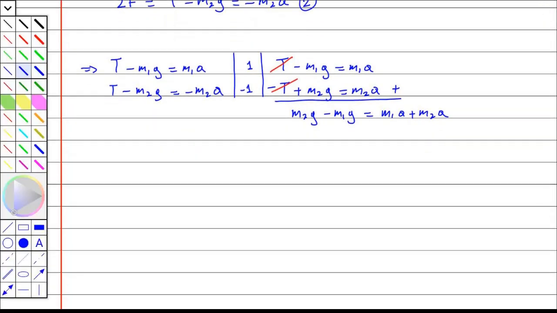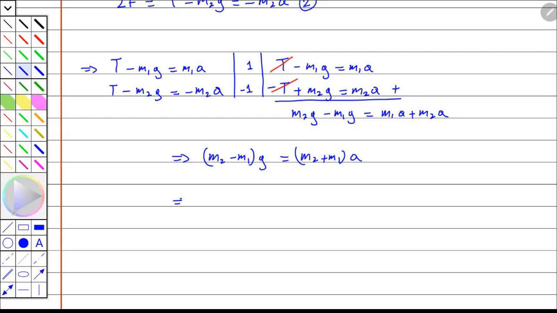We can take G and A as common factors from their respective sides. So M2 minus M1 times G is equal with M2 plus M1 times A. And now, since the target is the acceleration, we need to leave it alone on its side.